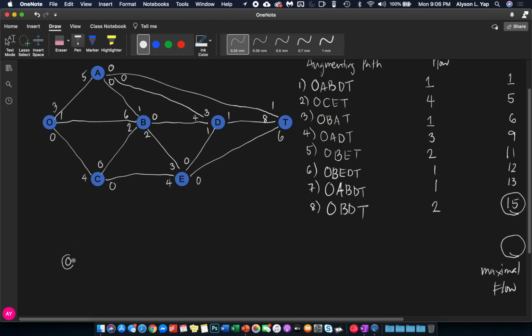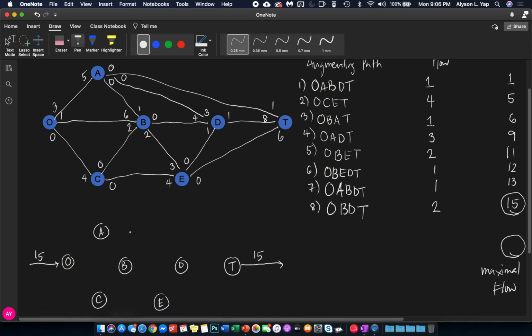So you have your O, you have your A, your B here, your C here, your D, E, and then T. Because of this maximal flow of 15, we know that 15 units will enter. And we also should be able to expect that 15 units will exit node T.